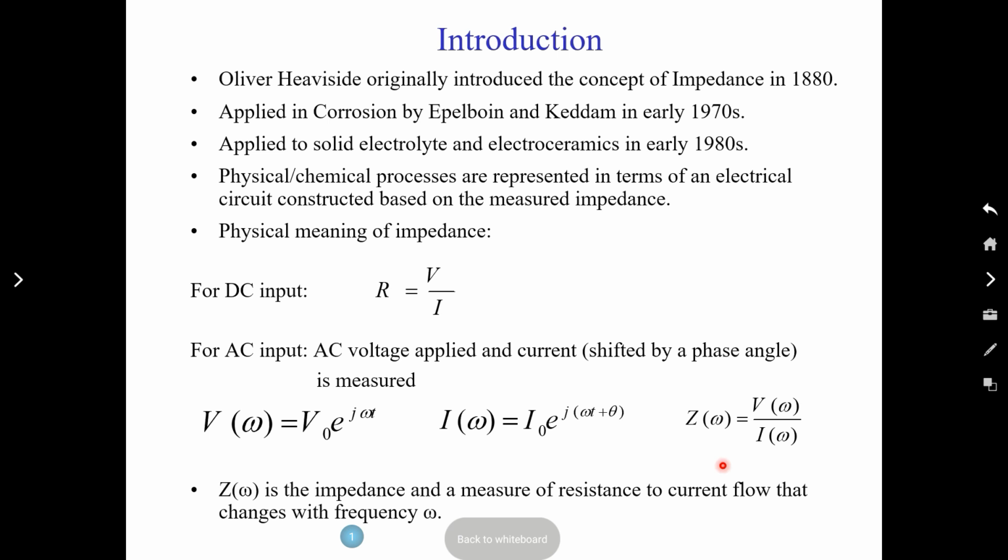To capture all of them, you have to span a wide range. A good impedance analyzer will allow you to measure impedance from microhertz to megahertz. The bigger the range, the better you can capture all of this.